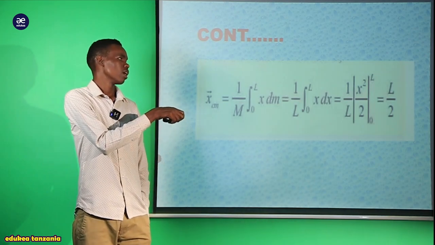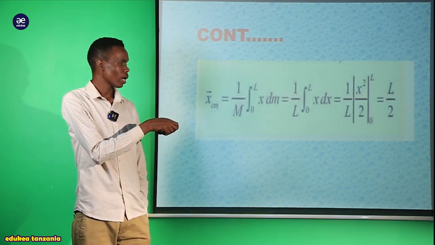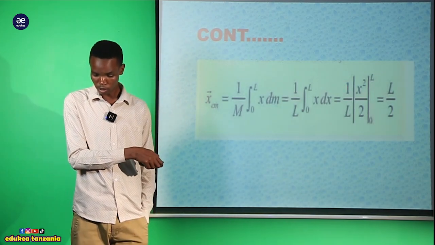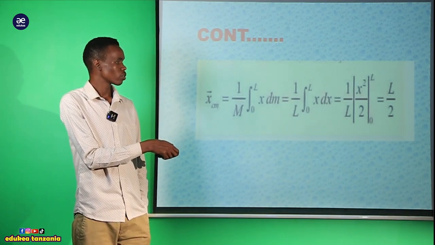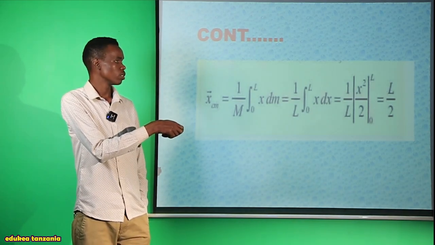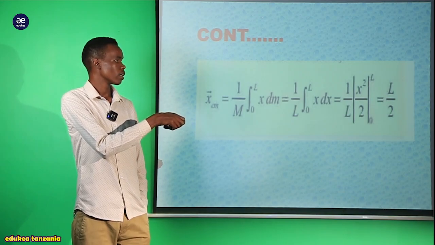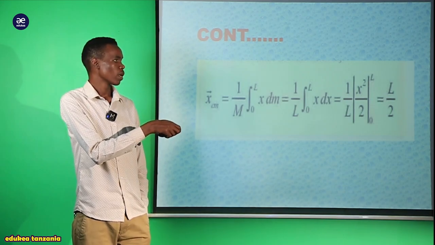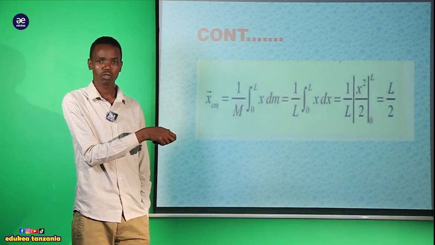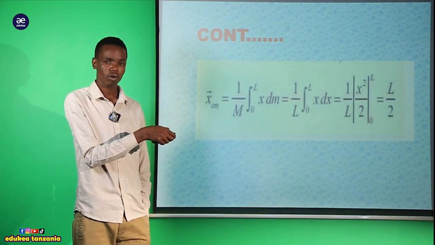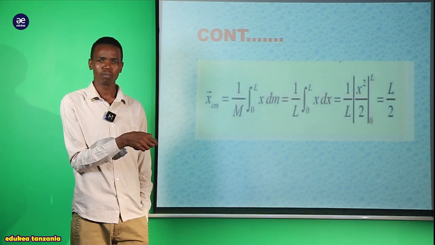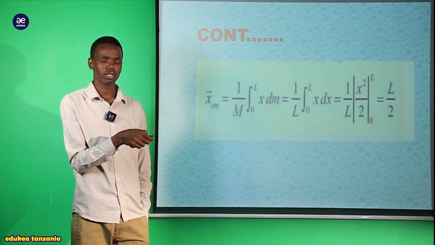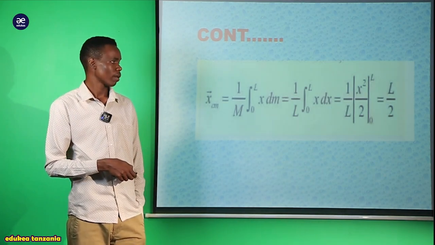So we find that it is equal to 1 over L, then x square over 2. But remember we integrate from 0 to L, so we put L. It means it is equal to 1 over L times L square over 2, minus 1 over L times 0 square divided by 2.